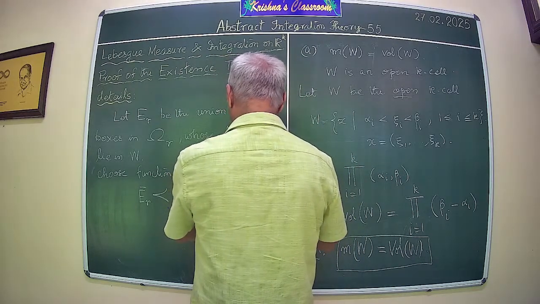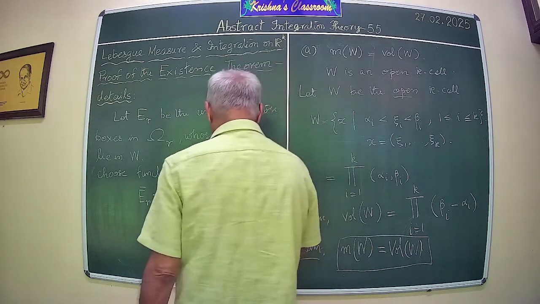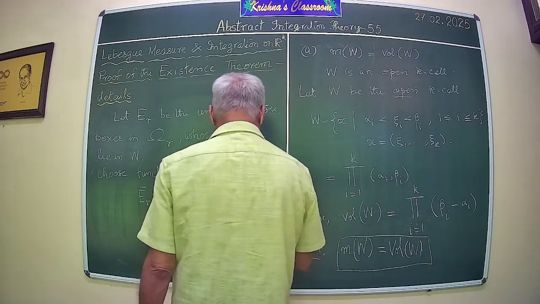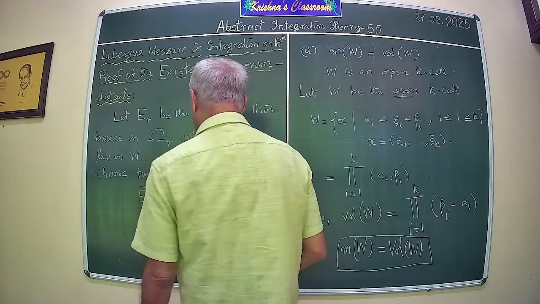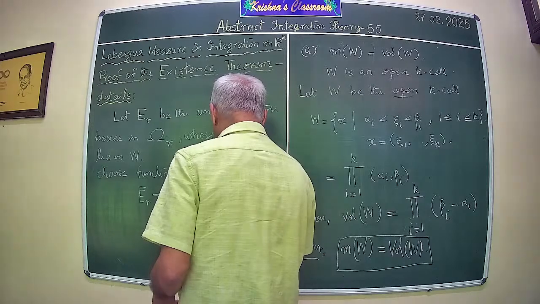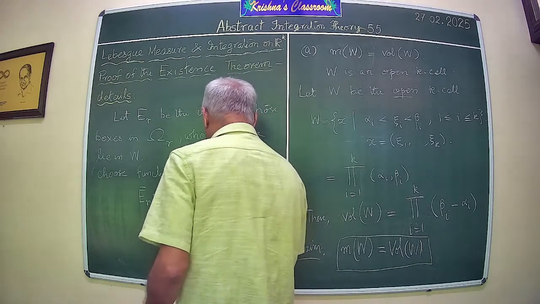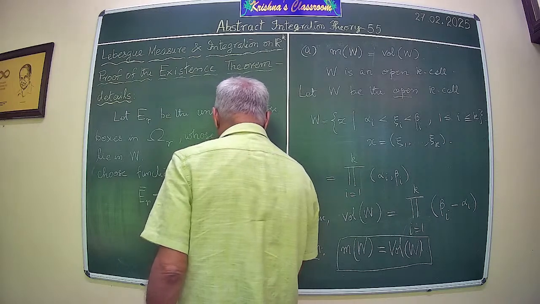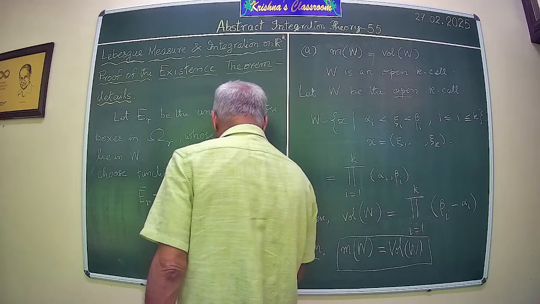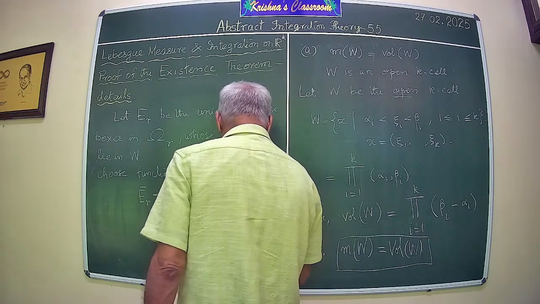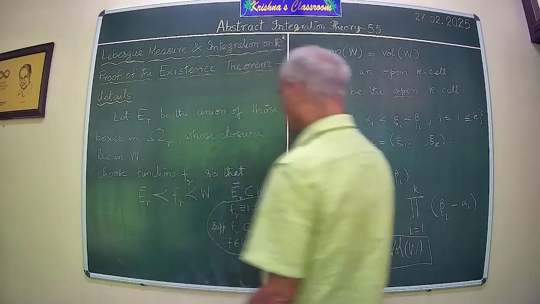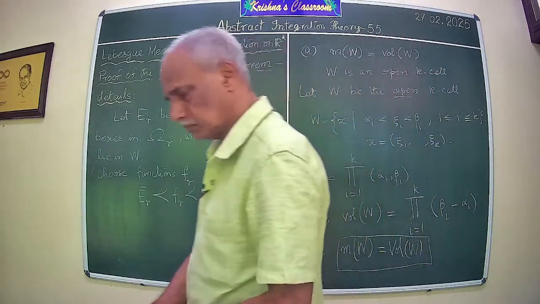And support of fr is contained in W. That is, this is a function of compact support. These are the properties for Fr.